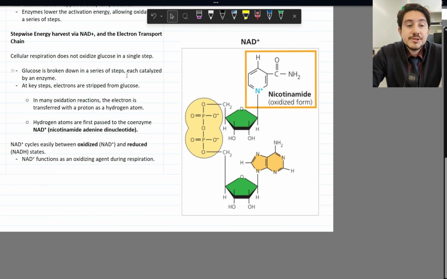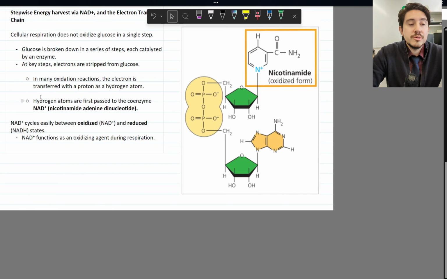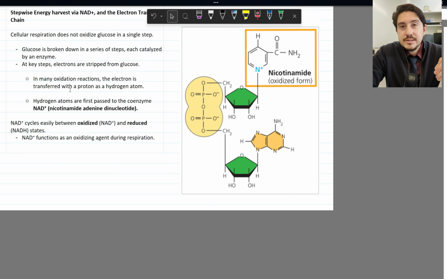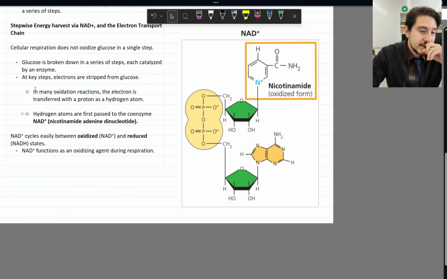It is broken down in a series of steps, catalyzed by many enzymes during the process. And as these steps go along, electrons are stripped from glucose. Okay, so in many oxidation reactions, the electron is transferred with a proton as a hydrogen atom. So basically, electrons and hydrogens are being played around here.